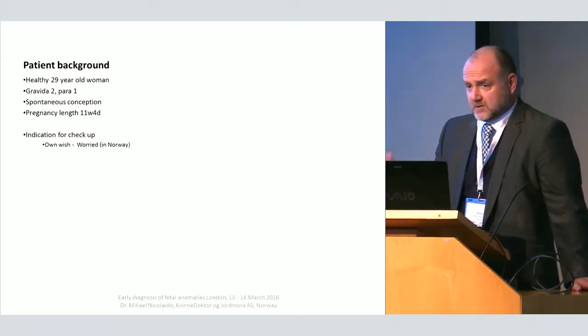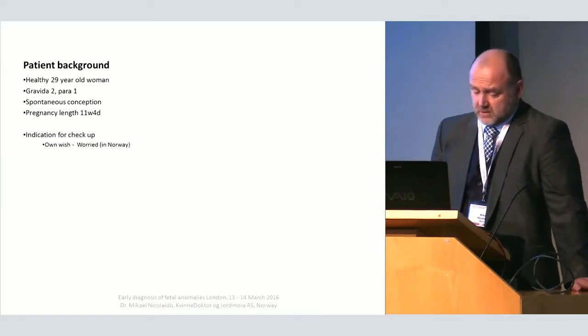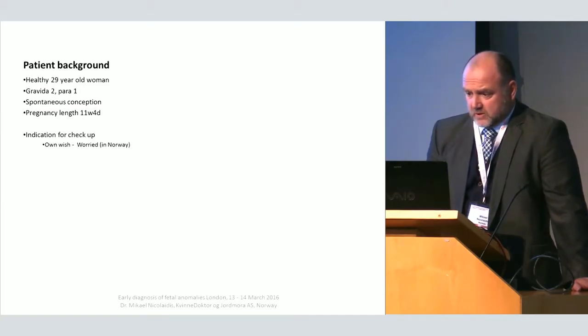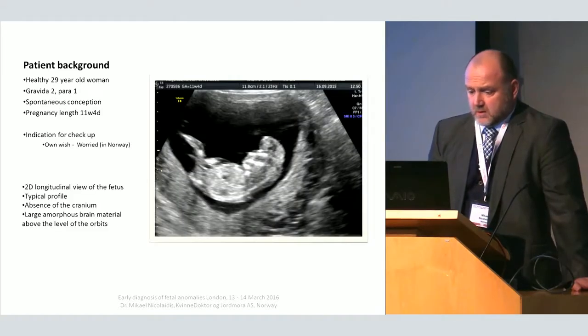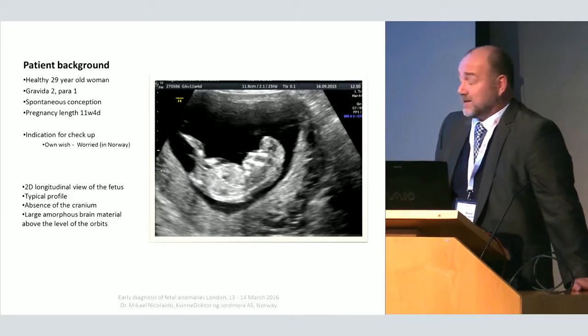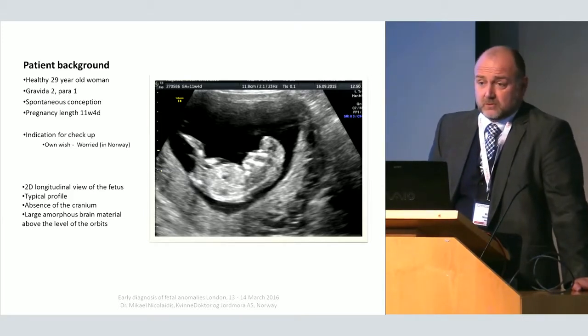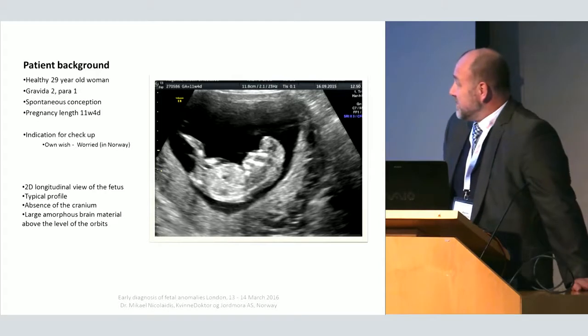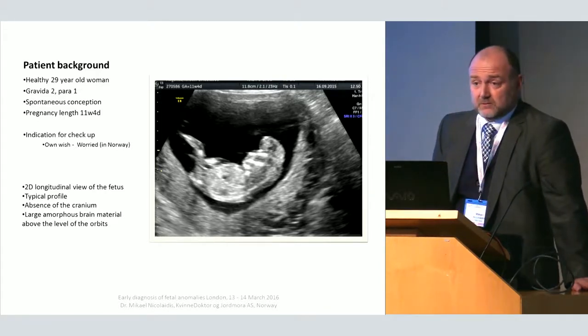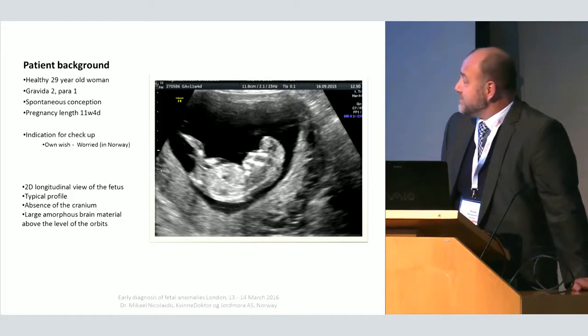As I said, the diagnosis is not difficult, but I think the pictures are quite illustrative of the case. So, first of all, of course, abdominal ultrasound. And the first picture we got was the 2D longitudinal view, where, straight away, the profile is quite typical for the case.